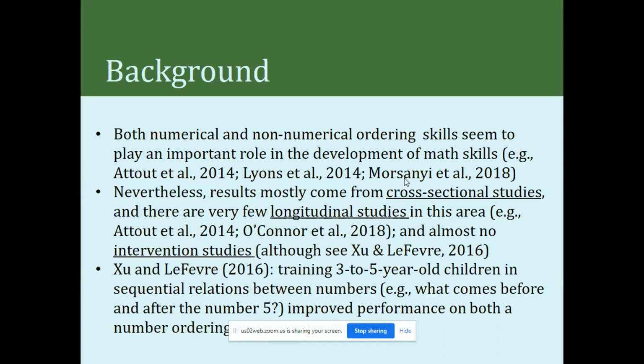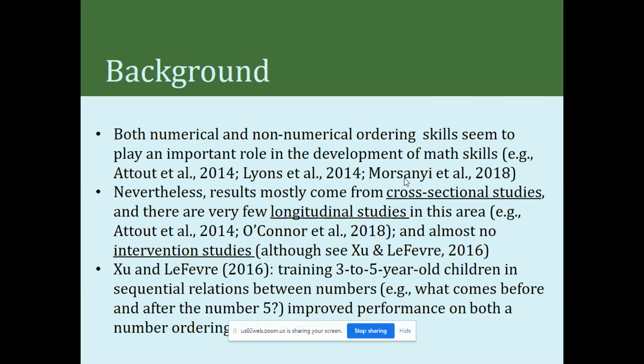In fact, I'm only aware of one published intervention study, by Shu and Lefebvre, where they trained 3 to 5 year old children in sequential relations between numbers. They asked children about the numbers between 1 and 9: what number comes before and after each number.